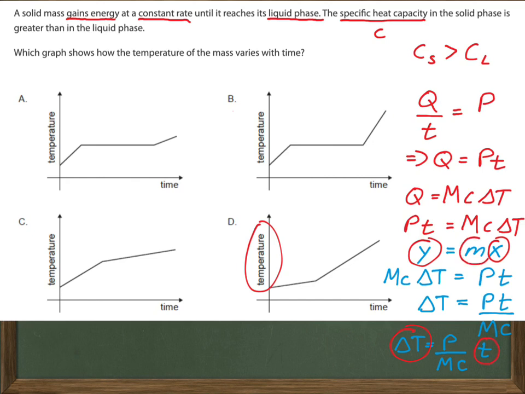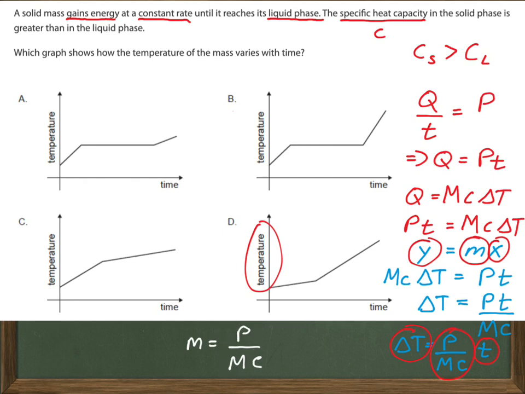And therefore, what is the gradient of the graph going to tell me? It's going to tell me P divided by MC. Okay, so I'm going to go over here and write that. M, the gradient, is equal to P divided by big M, the mass, times C. But P and M are both constants here.